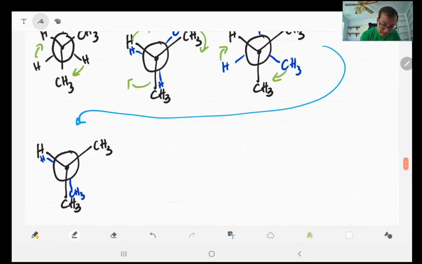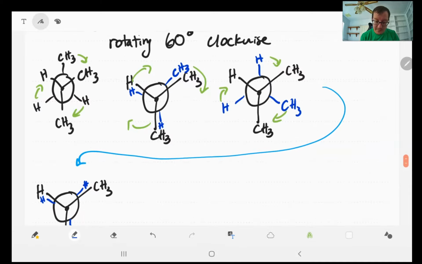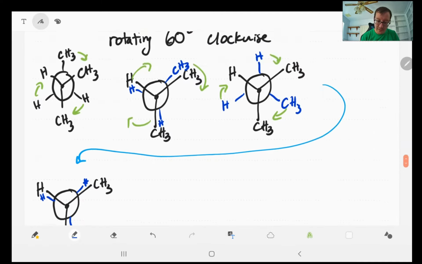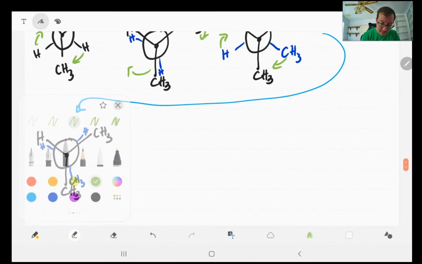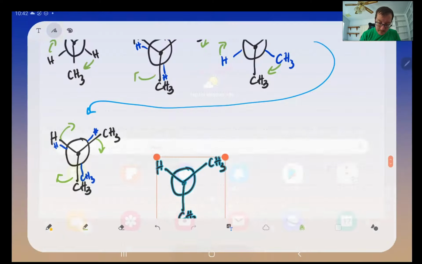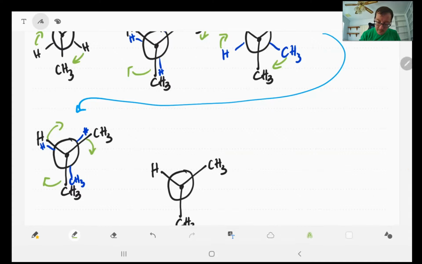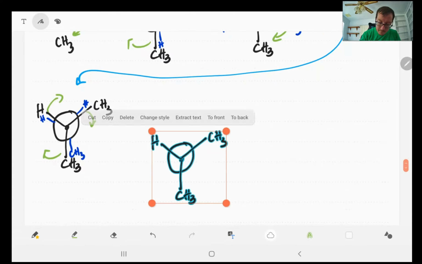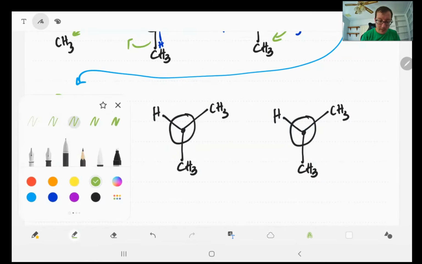Okay. So I'm just now moving all these things. Once we rotate them 60 degrees again, now the methyl is blocking the other methyl. And we keep rotating a couple more times. Oops, let me move that up. I'll definitely need to color code these when I'm doing it because it's hard to keep track.